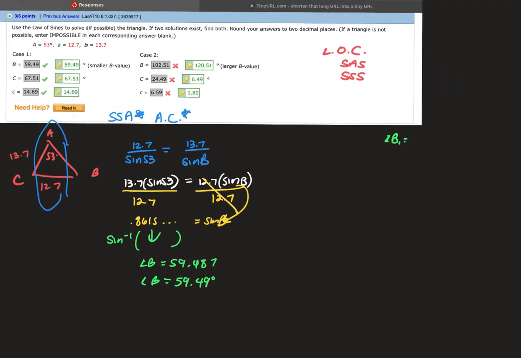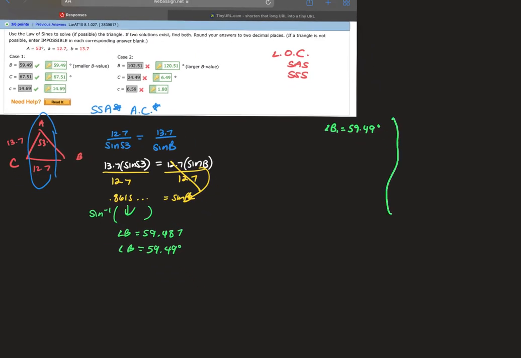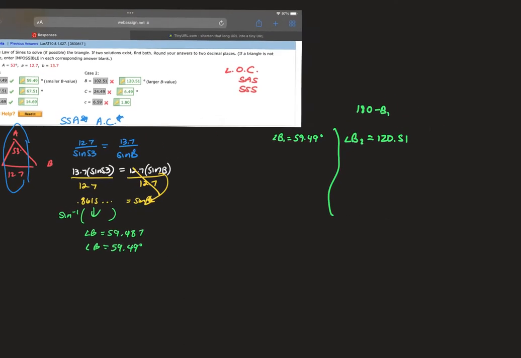So B1 is 59.49 degrees. And then to find B2, so we don't forget, we're going to do 180 minus what you get for B1. So 180 minus 59.49, and you get 120.51. And those are your two angles for B.